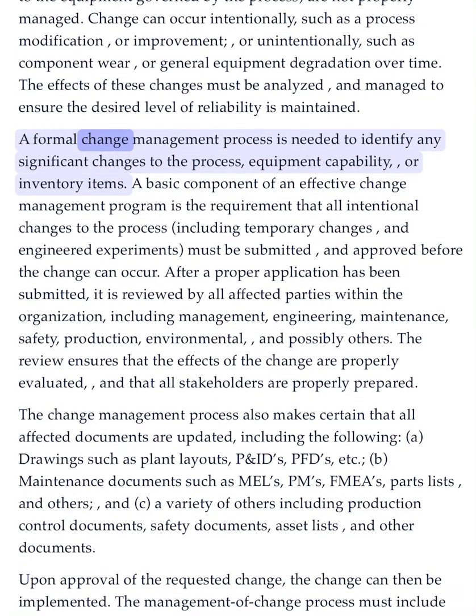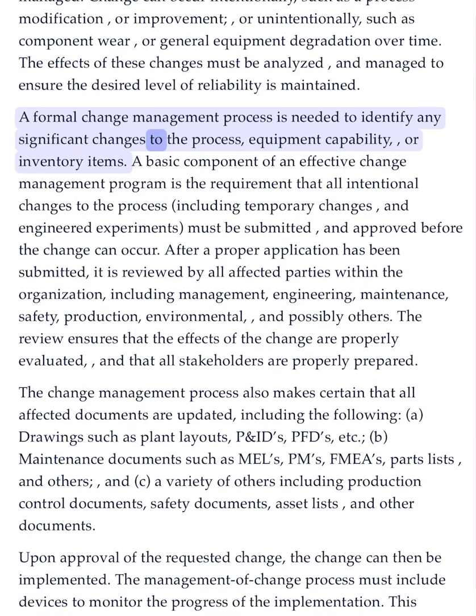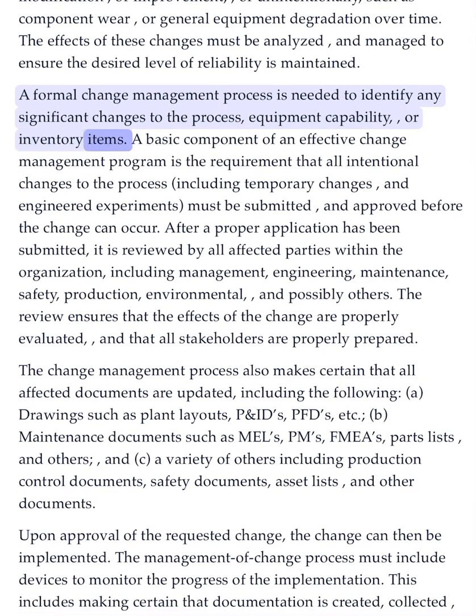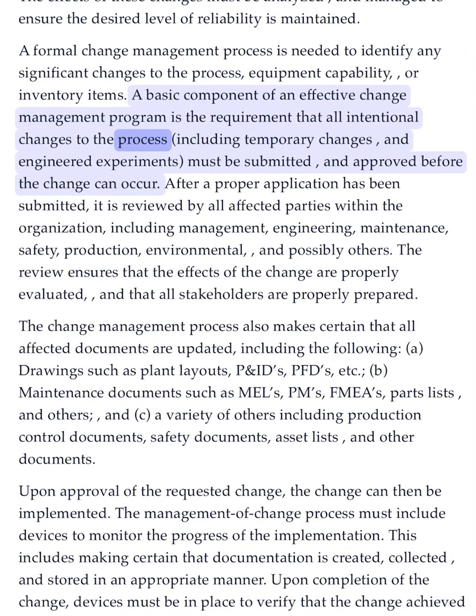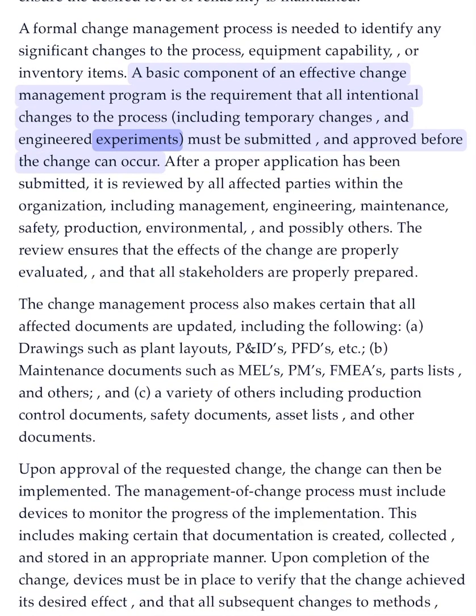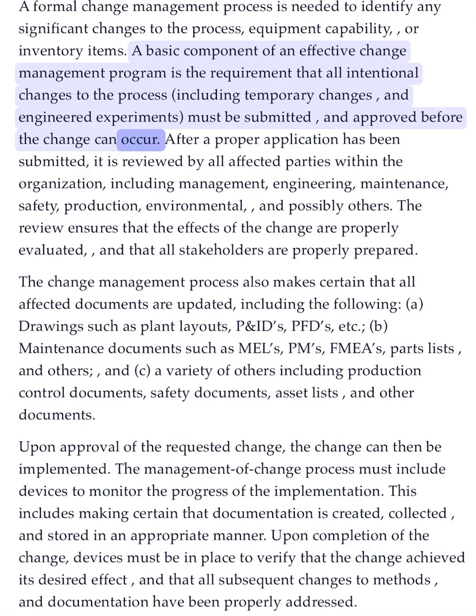A formal change management process is needed to identify any significant changes to the process, equipment capability, or inventory items. A basic component of an effective change management program is the requirement that all intentional changes to the process, including temporary changes, and engineered experiments must be submitted and approved before the change can occur.